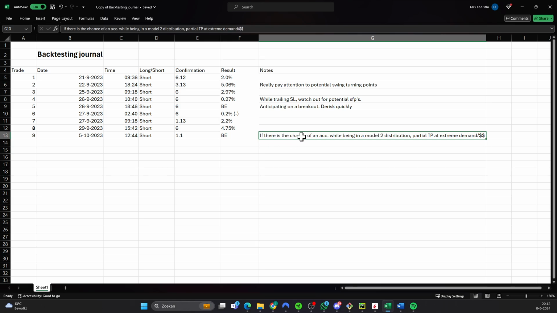So if there's a chance of an accumulation while being in a Model 1 distribution, partial TP at extreme demand / liquidity. Yeah. That's the learning point here.